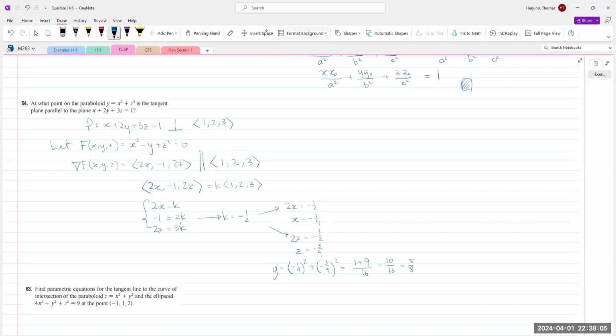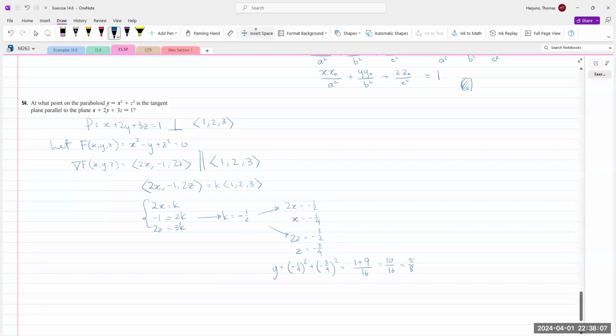In other words, the paraboloid has the tangent plane parallel to that plane at the point negative 1/4, 5/8, and negative 3/4.